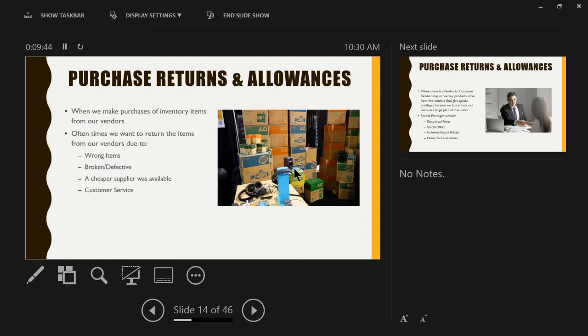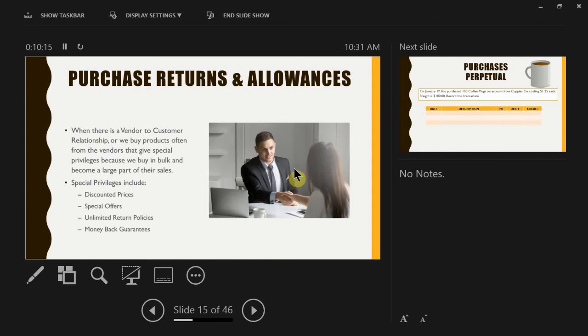Other things can be that maybe a supplier is cheaper, but they provide the same quality and you prefer them, because they're easier to deal with. Or it could come down to customer service. If you're dealing with a company that doesn't work with you, or you're trying to complain and they do absolutely nothing for you, then of course you don't want to deal with them. You don't want to work with them. Those are the assumptions that you can have purchase returns and allowances for.